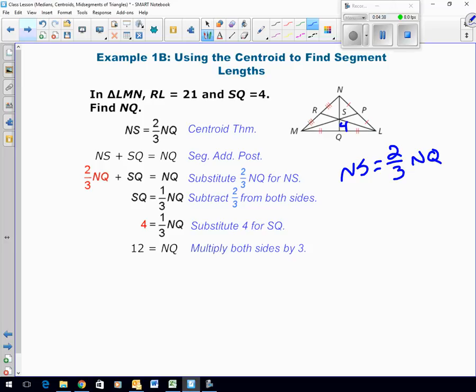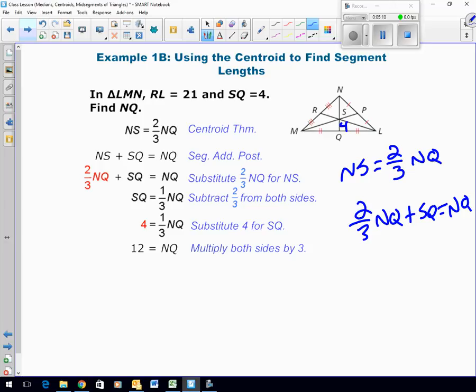But I do know that 2/3 of N to Q plus S to Q is N to Q. 2/3 NQ plus SQ equals the entire distance NQ.